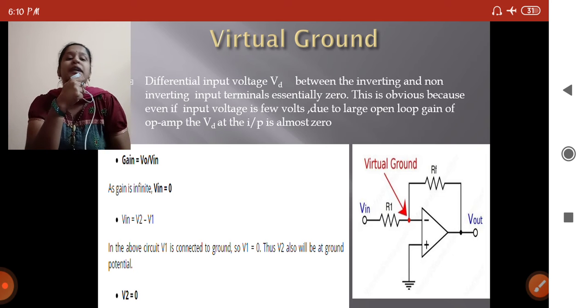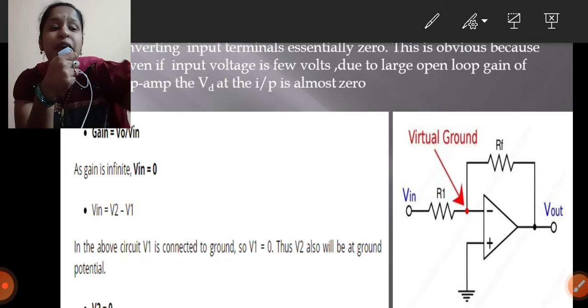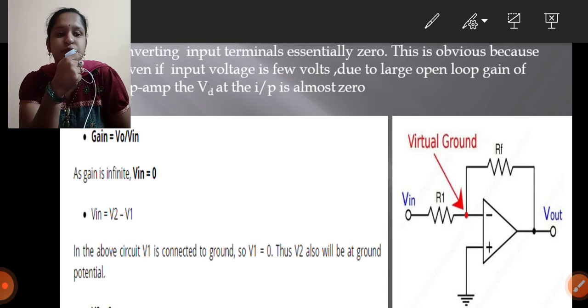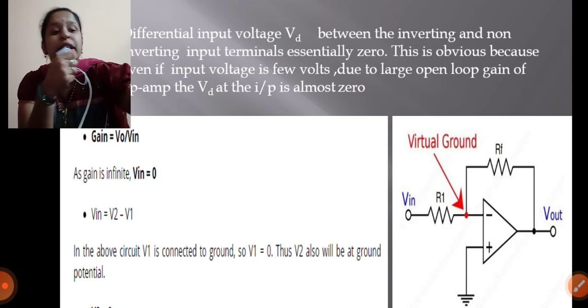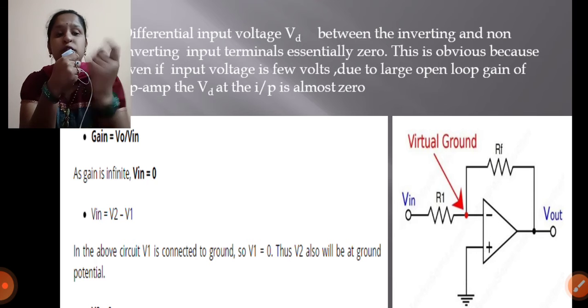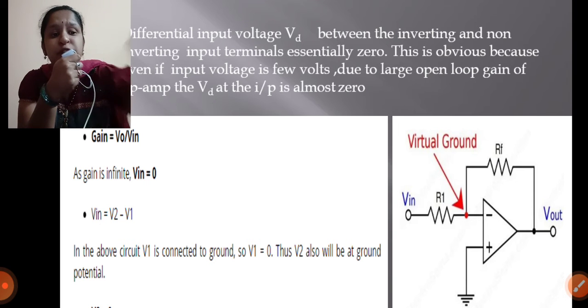That means Vin is zero. There are no power supplies here. This is also ground, that is also zero.